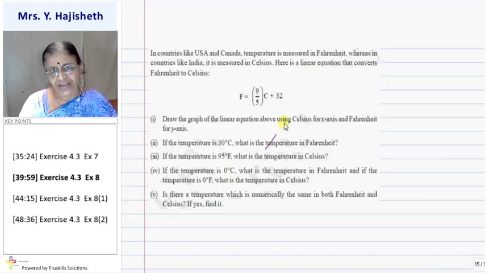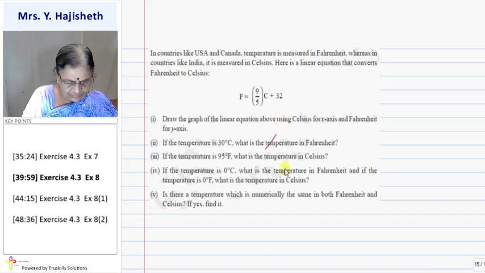But here is a linear equation that converts Fahrenheit to Celsius and Celsius to Fahrenheit. Okay?